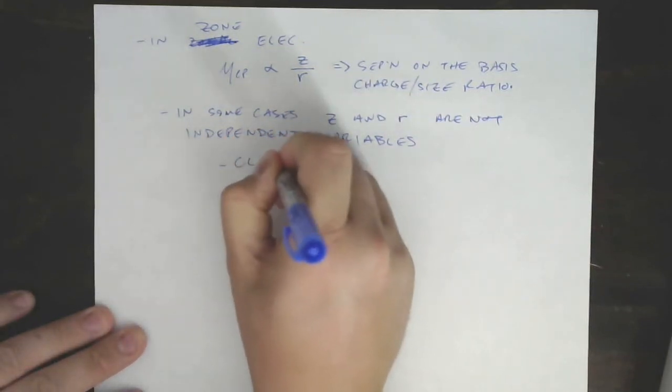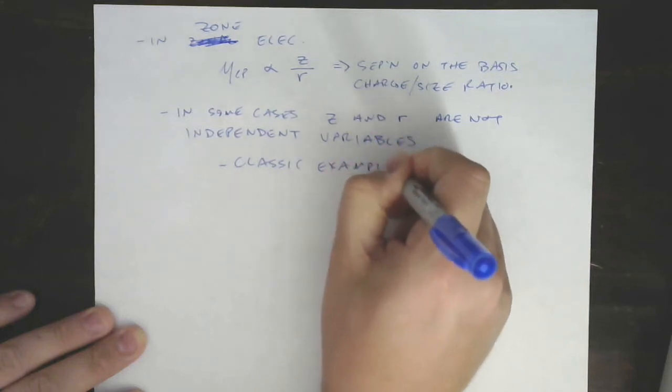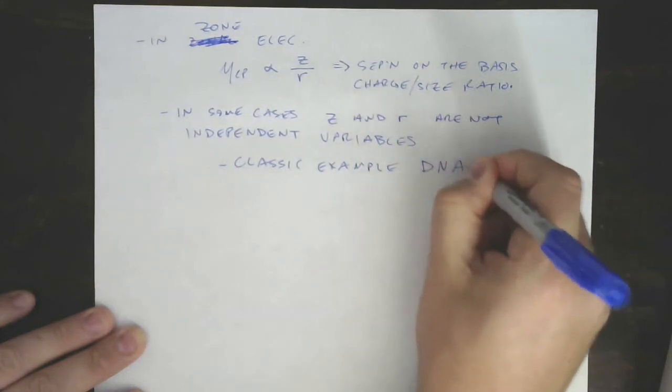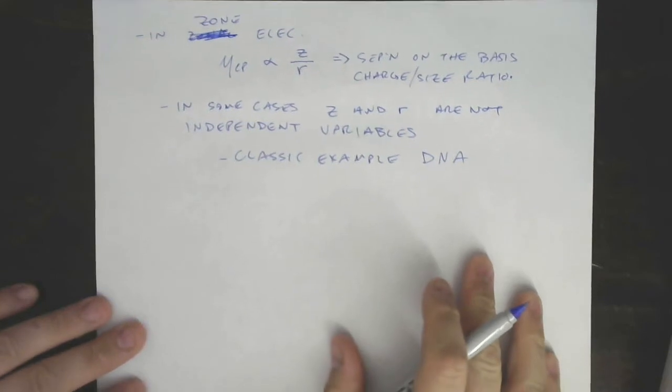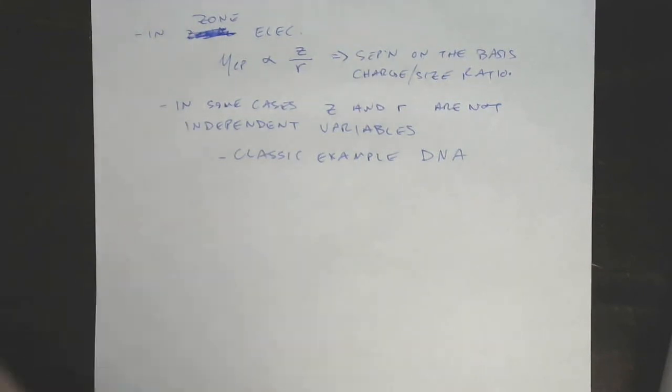So the classic example of this, the most dramatic example, is DNA. Now, I'm not going to draw out DNA structures, mainly just because it'll take too long, but you may know, hopefully you do, that DNA is basically a polymer of nucleobases.